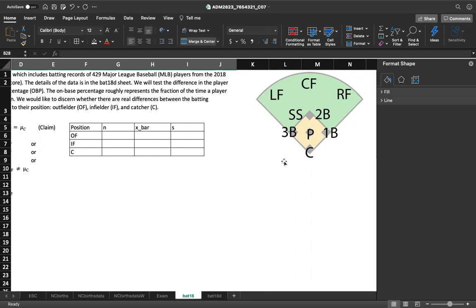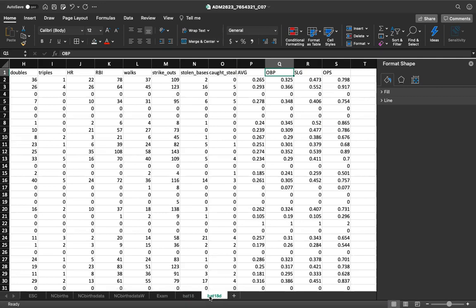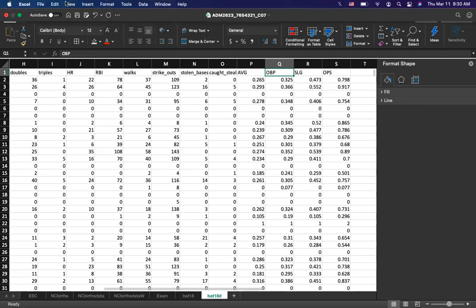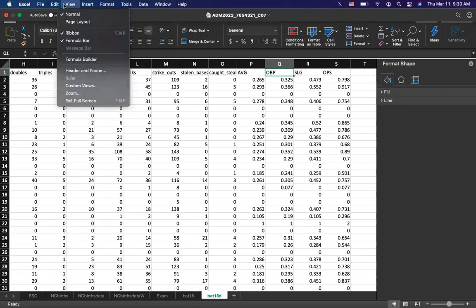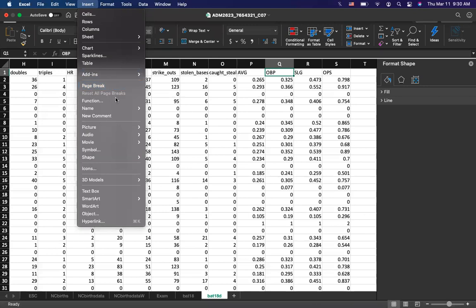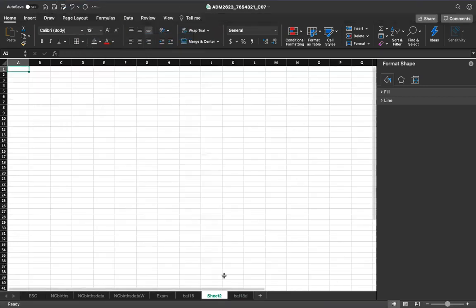So we have to do some calculations here. First thing is we create a working data set. Insert the sheet. Working.